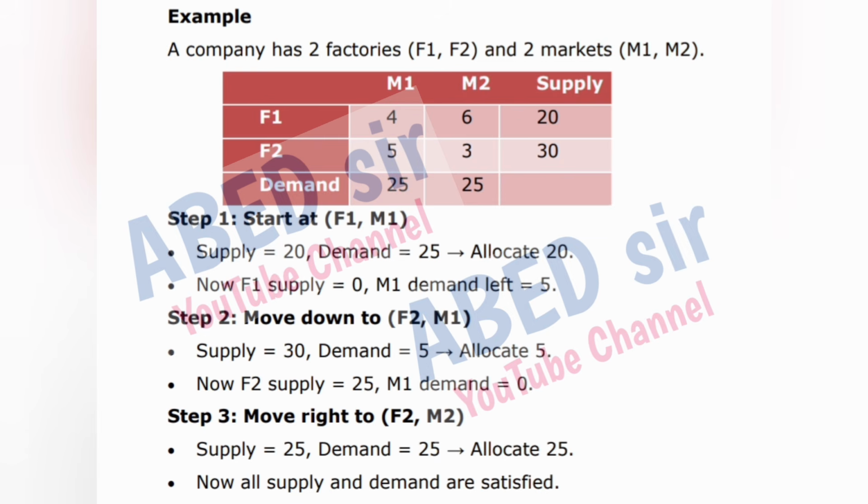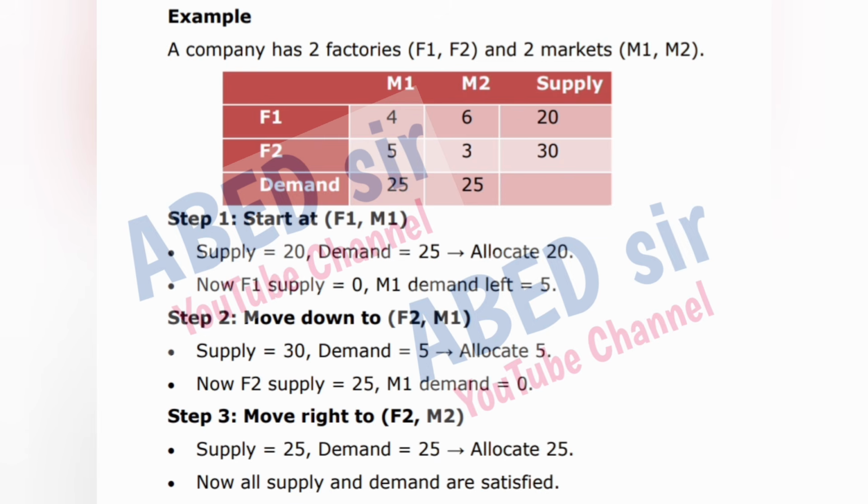Supply is 20, demand is 25, allocate 20. Now F1 supply is 0, M1 demand left is 5. Step 2. Move down to F2 M1. Supply is 30, demand is 5, allocate 5. Now F2 supply is 25, M1 demand is 0.